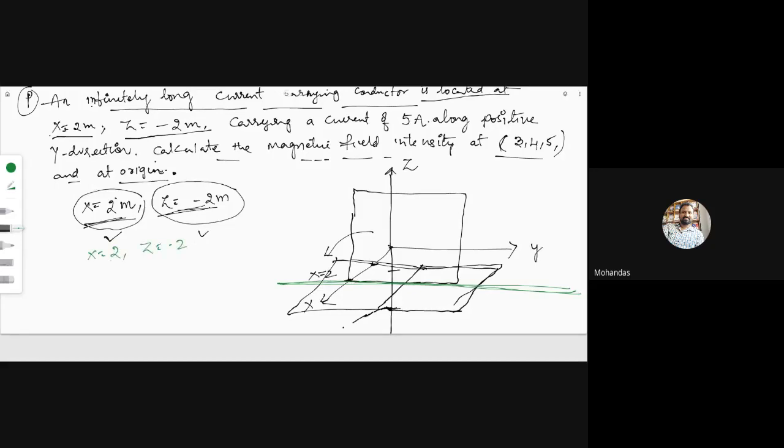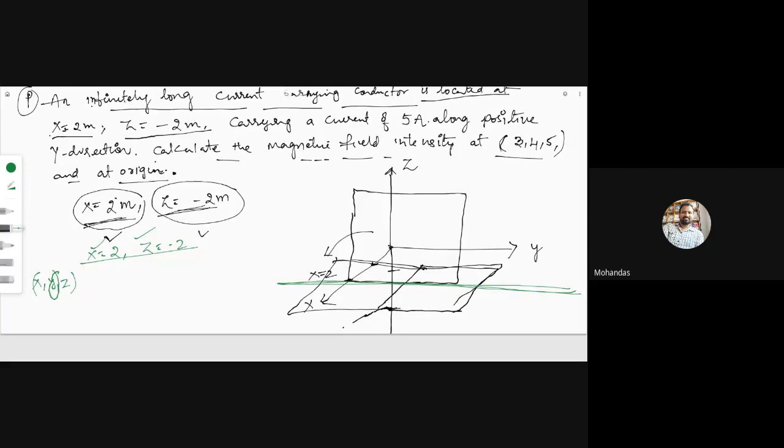In the Cartesian coordinate system, how many coordinate variables are there? x, y, z. Three coordinate variables. In the given data, he has given x and he has given z. Which coordinate is missing? The y coordinate is missing.